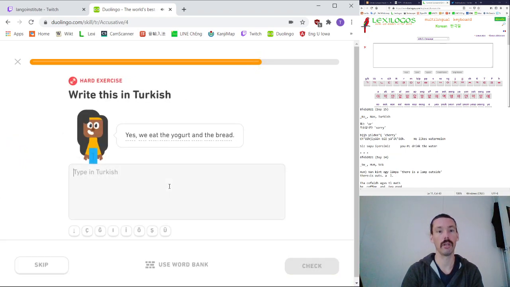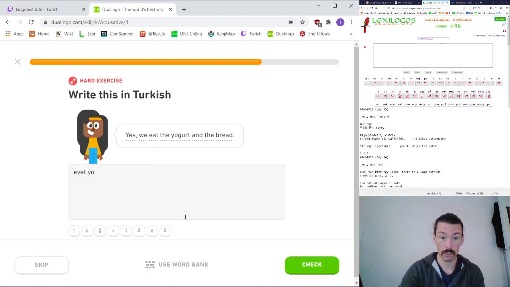Yes, we eat the yogurt and the bread. Yes, I've forgotten what the word is. Evet. Yoğurdu, modified letter G. Yoğurdu ve ekmeği, I guess.